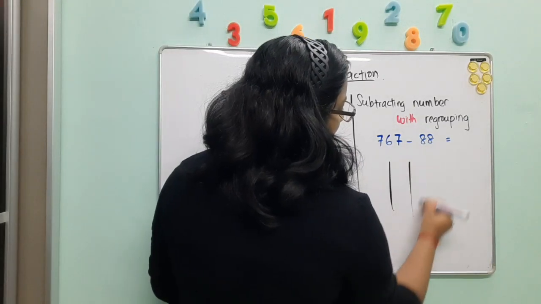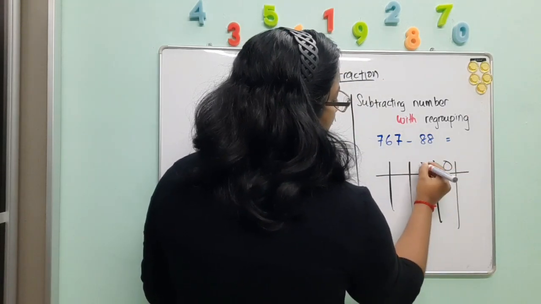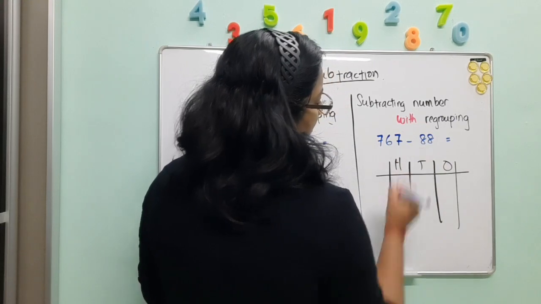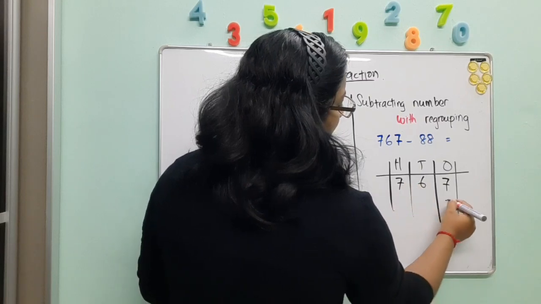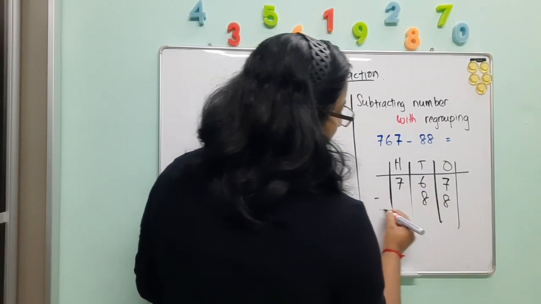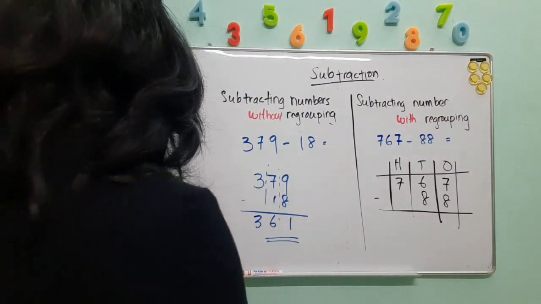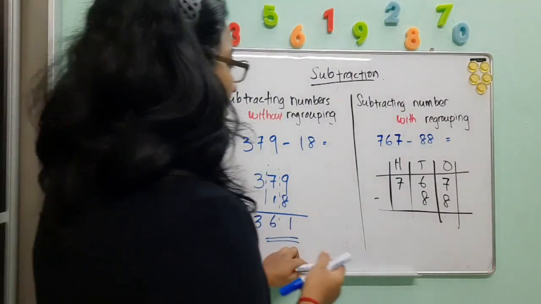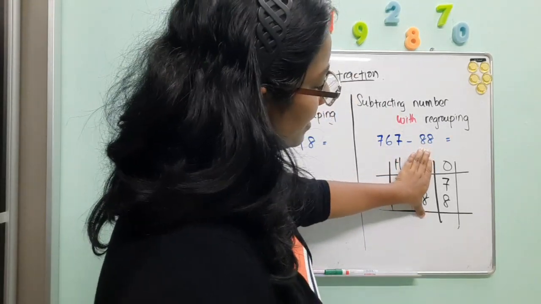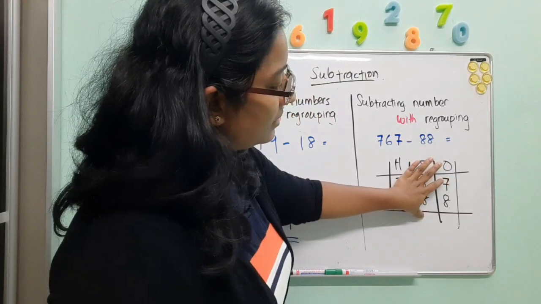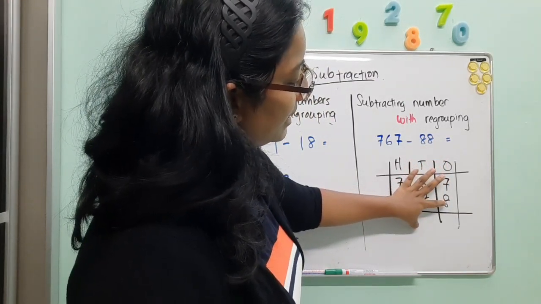Okay, let's draw. Okay, 1, 10, 100. Okay. So over here, let's look at ones first. So we have 7 minus 8. 7 is less than 8.